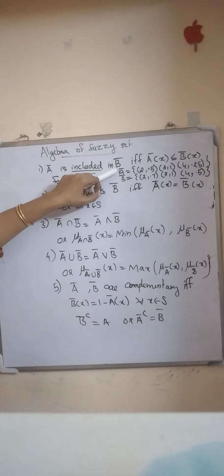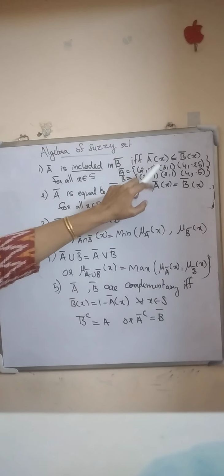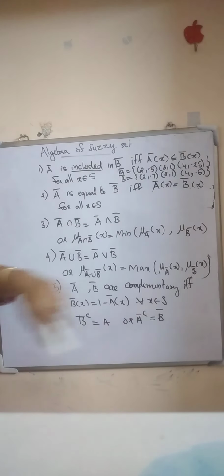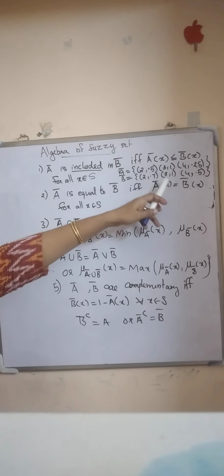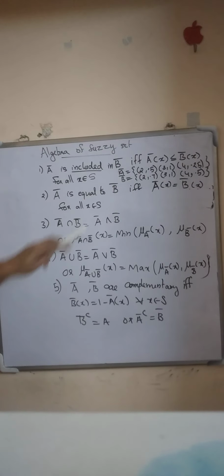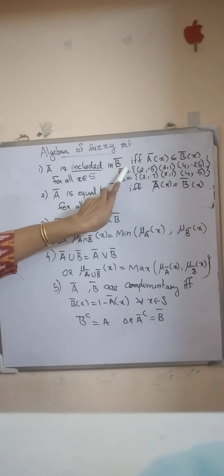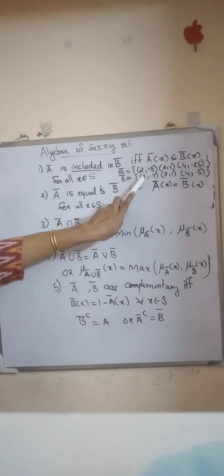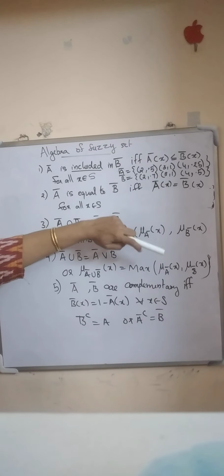For example, A bar is equal to the set of ordered pairs (2, 0.5), (3, 1), (4, 0.25) and B bar is equal to (2, 0.7), (3, 1) and (4, 0.5). For the value 2, the membership function of A bar is 0.5 and of B bar is 0.7. That is 0.5 is less than or equal to 0.7.